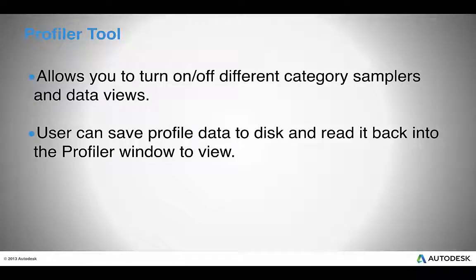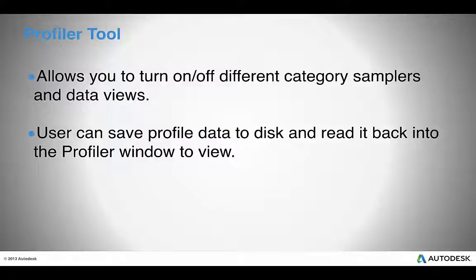The Profiler also allows you to turn on and off different categories and samplers so that you can clean up or reduce the amount of information that it's showing you at any particular point in time, and the user can save the profile data to disk and read it back, which you couldn't do in the DG Profiler. You can only write that out to disk and then read it into another system like Excel or a spreadsheet application of some type. But with the Profiler tool, you can actually save the data out and read it back in at a different date and time.